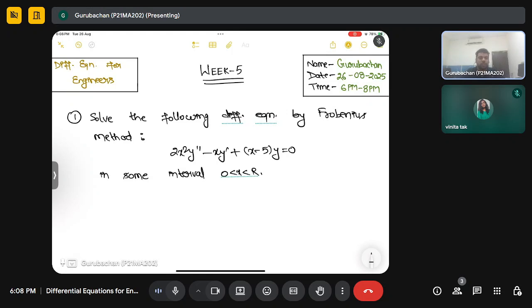So we have to solve this given differential equation by this Frobenius method.